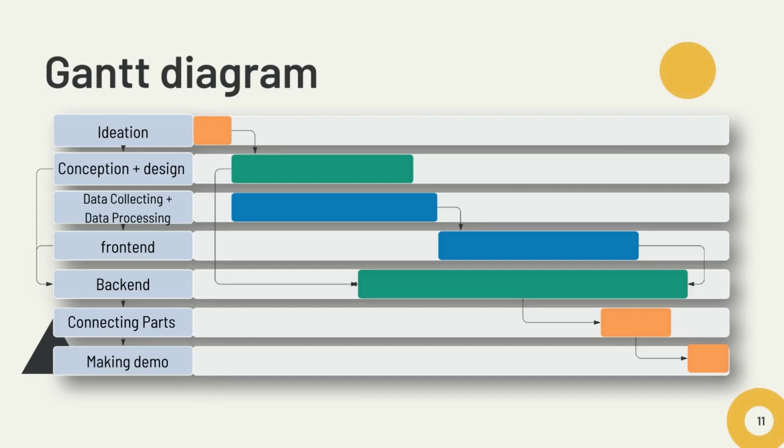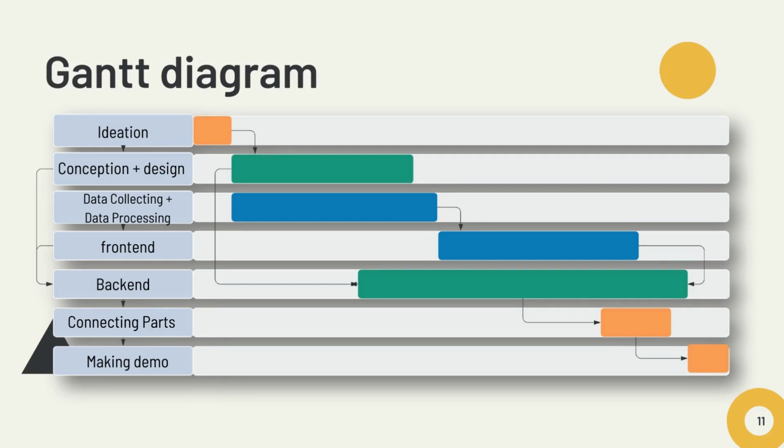First, we started with ideation. Here, we thought about all the features that we might and will implement in our project. Then we started the conception and the design of these ideas. After that, we started the data collection and the data processing for our roommate recommendation system.